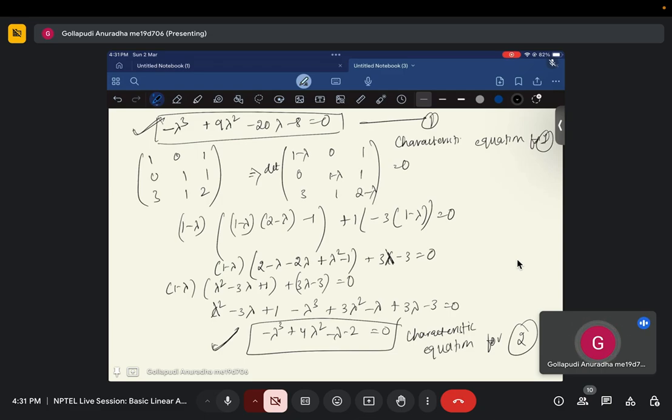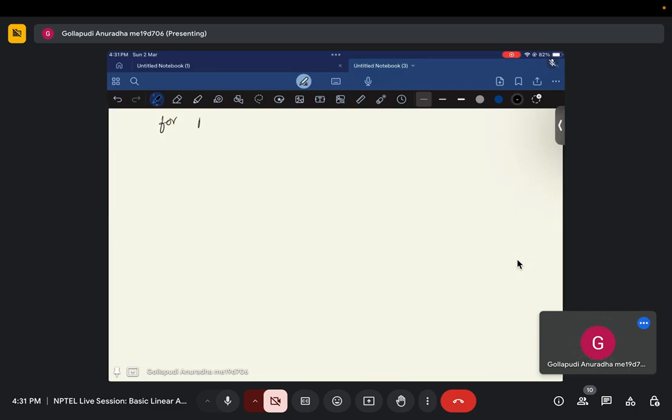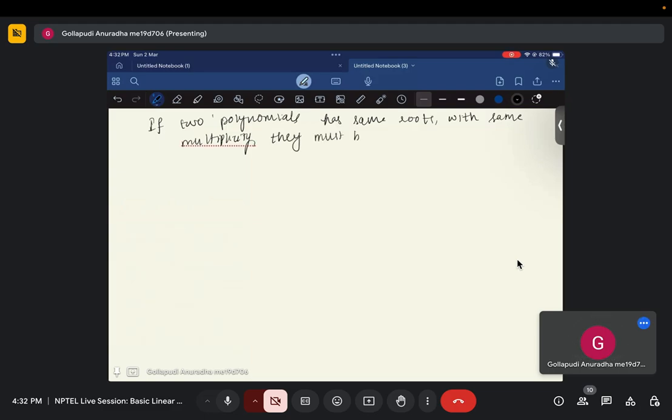So for example, if two polynomials have the same roots with the same multiplicities, they must be either the same or in some relation of multiples.